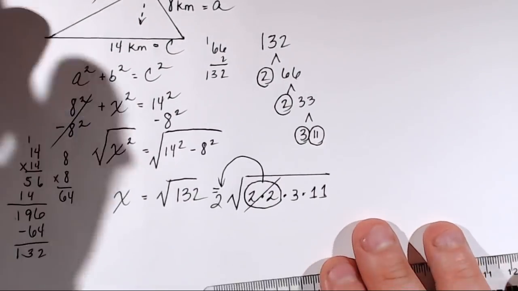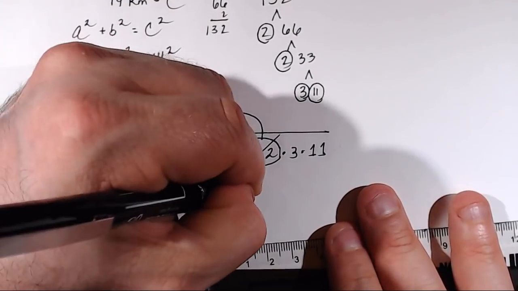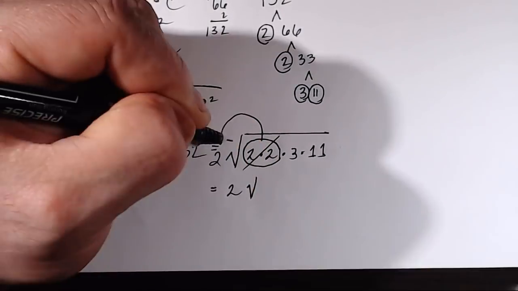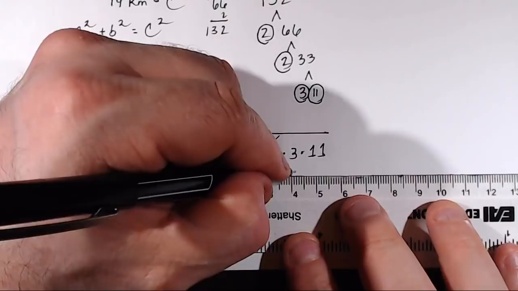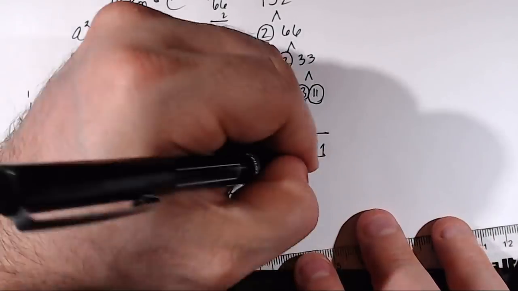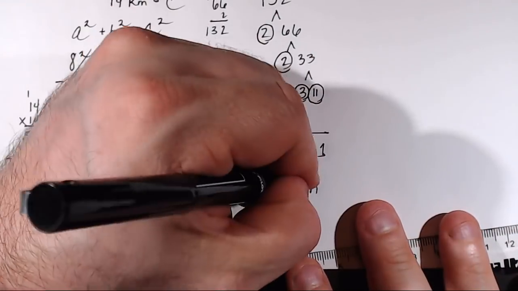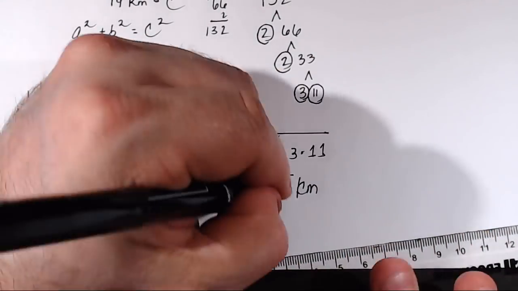That's the only way you do that. So this is equal to 2 times the square root of 3 times 11, which is 33. And that is centimeters, or kilometers, I'm sorry, kilometers.